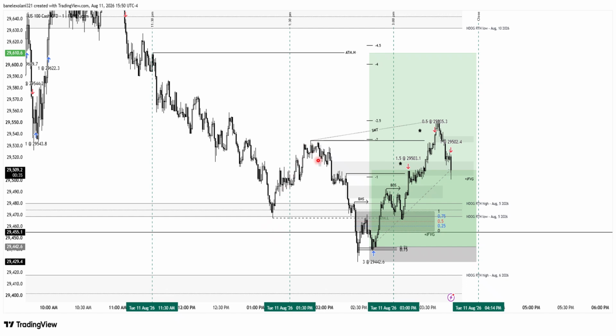What happens? Price comes and takes out the low first. So that means I'm gonna target the ATM high. When price takes out this low, I wait for what? Inversion fair value gap or market structure shift, or what? Wait for anything that would show you that now price is ready to go up.